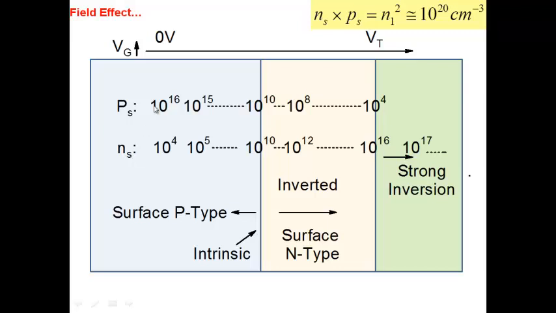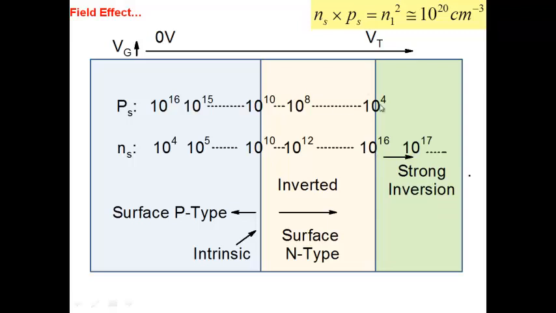So note, here the surface was p-type, and here the surface has become intrinsic. Now, you keep on increasing the voltage. So number of holes will become 10 to the power 8, number of electrons 10 to the power 12. And as you keep on going, eventually you come to a stage which we call the threshold voltage, where you have made number of holes 10 to the power 4 and number of electrons 10 to the power 16.